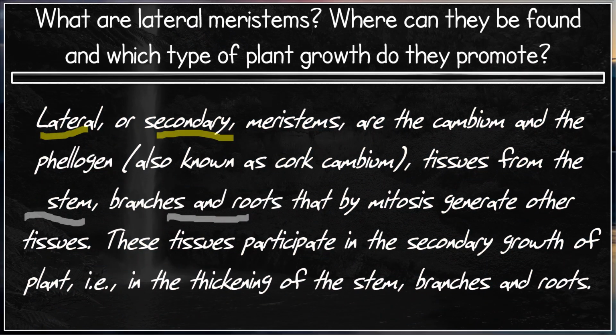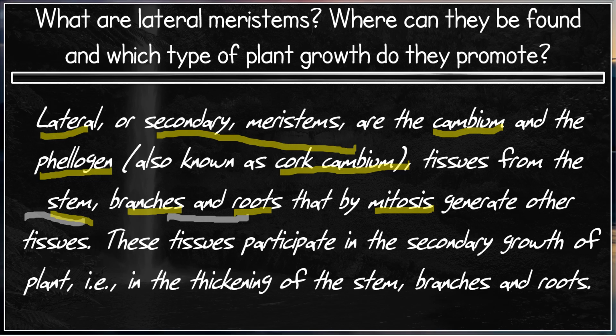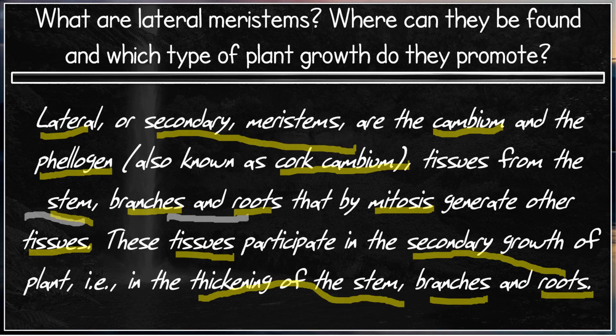Lateral or secondary meristems are the vascular cambium and the phellogen, also known as the cork cambium, found in the stem, branches, and roots, that by mitosis generate other tissues. These tissues participate in the secondary growth of the plant, that is, thickening of the stem, branches, and roots.